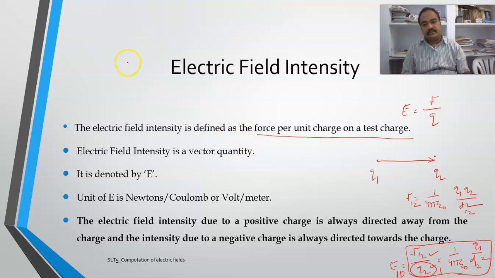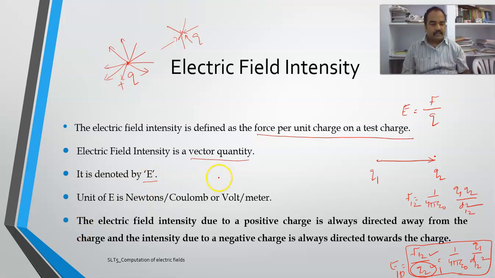Normally, if we consider a positive charge Q, the electric field will be directed away from the charge. If it is a negative charge, then it will be directed towards the charge. Electric field is normally represented by the letter E, since it is a vector quantity.